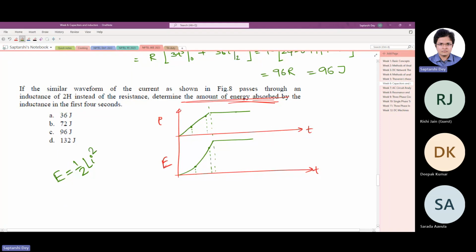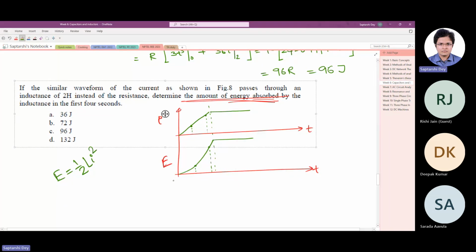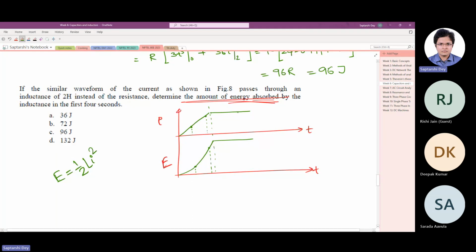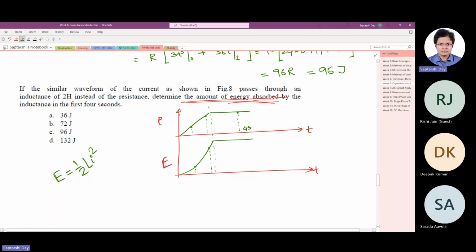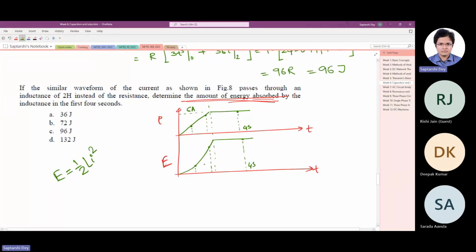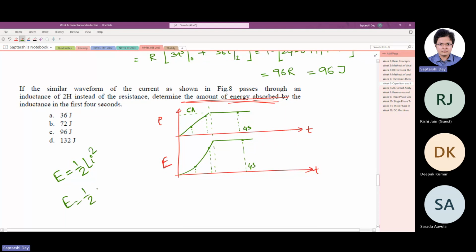So at 4 seconds, the current was 6 ampere. So at 4 seconds, the energy stored in the inductor was half into 2 into 36 joule.